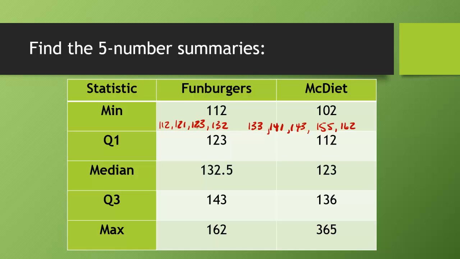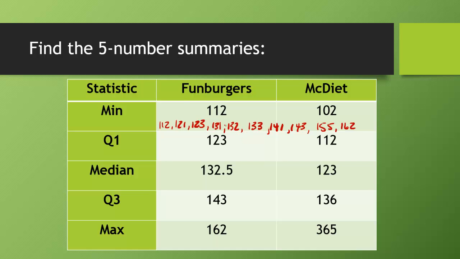Since I had an even number, and I missed one, it should be 131 there, and 132. So if you notice, I've got 2, 4, 6, 8, 10, so I've got 10 pieces of data.